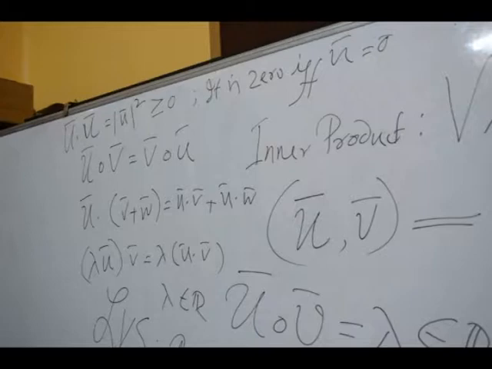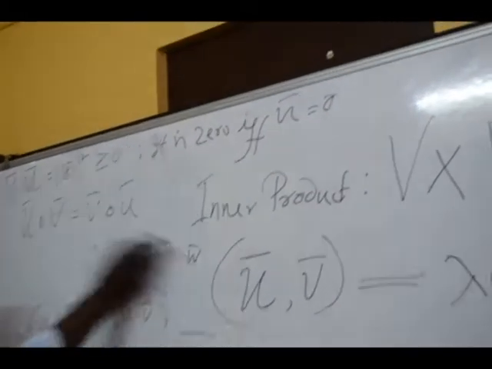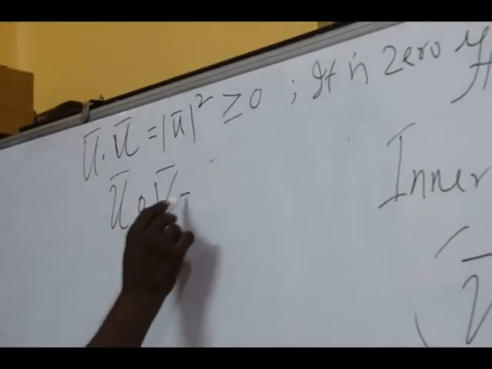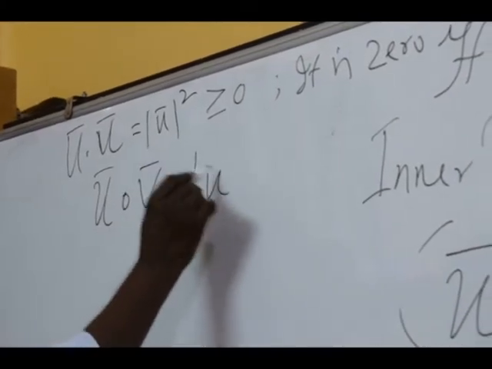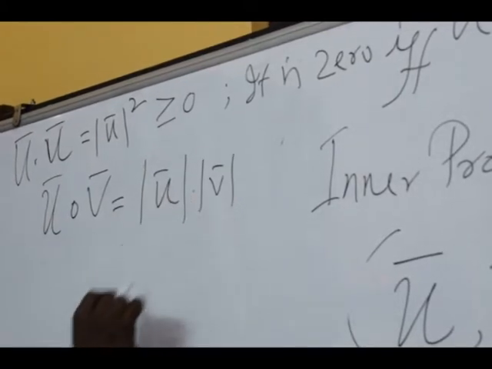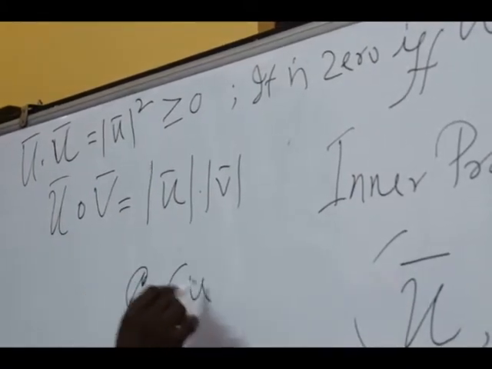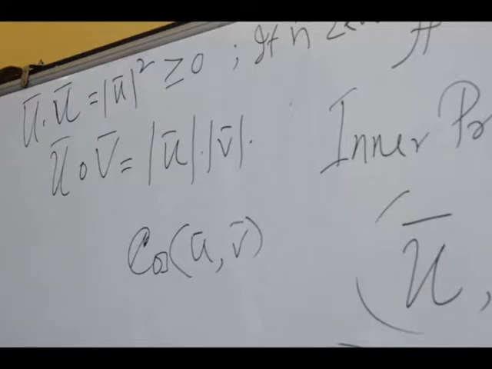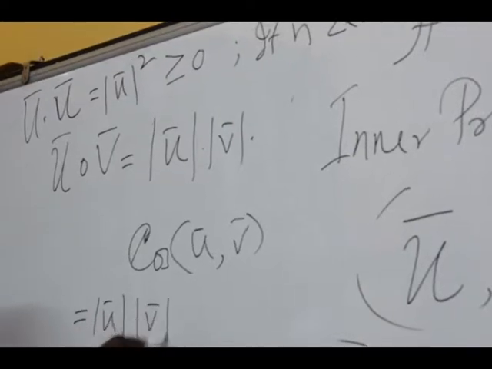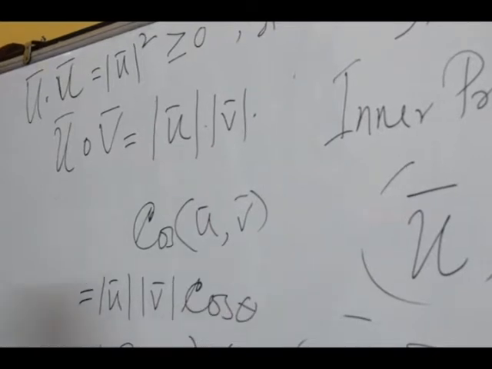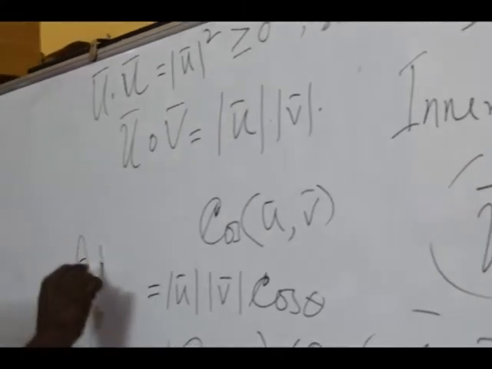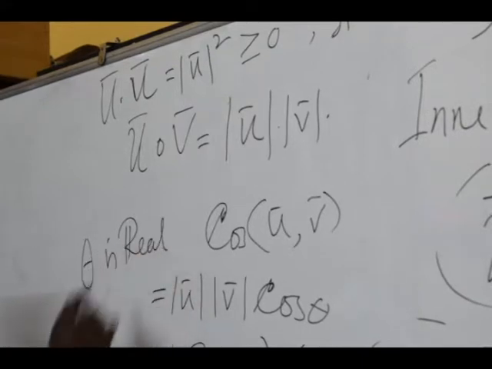We consider only the space for which u dot V is expressed in the form mod of U into mod of V into the cosine of the angle between U and V, that is, mod U into mod V cos theta. Theta is always real.